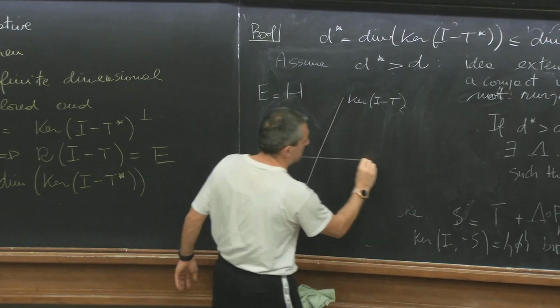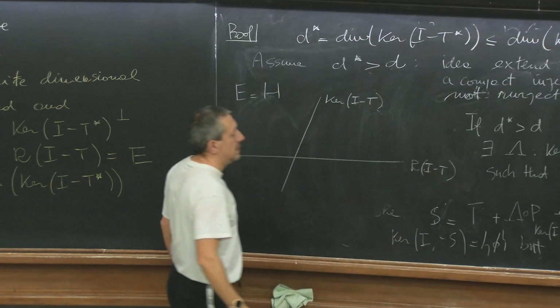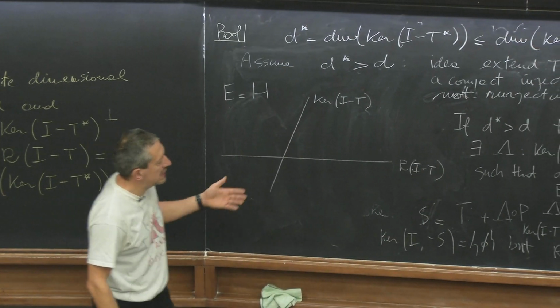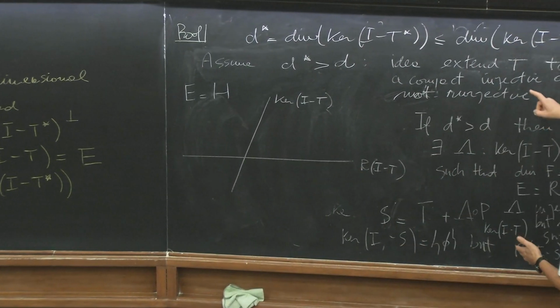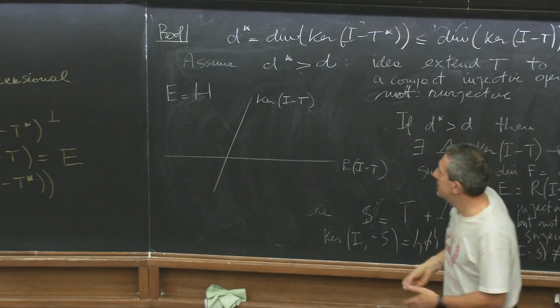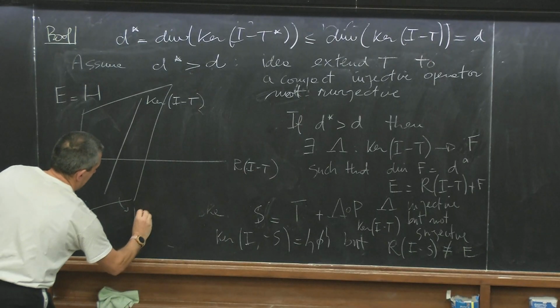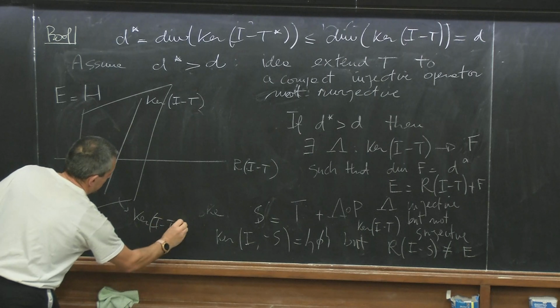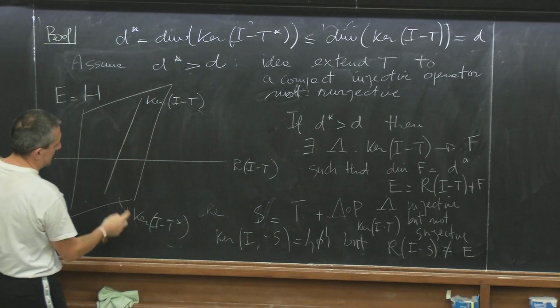Then I have the range. Then the range is the orthogonal of the kernel of this guy, which now is really the orthogonal. So the range is orthogonal to this one, which is the kernel of identity minus T star. And then you observe that the dimension of this guy is less than the dimension of this guy.